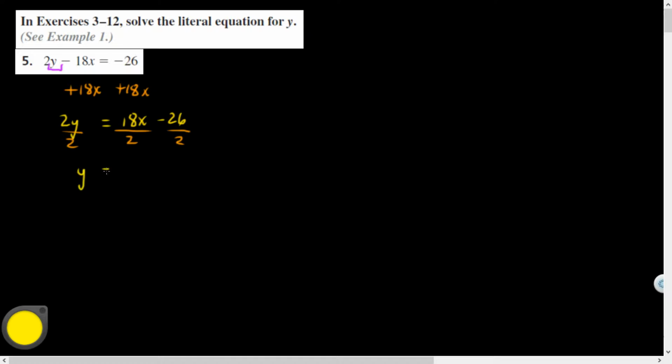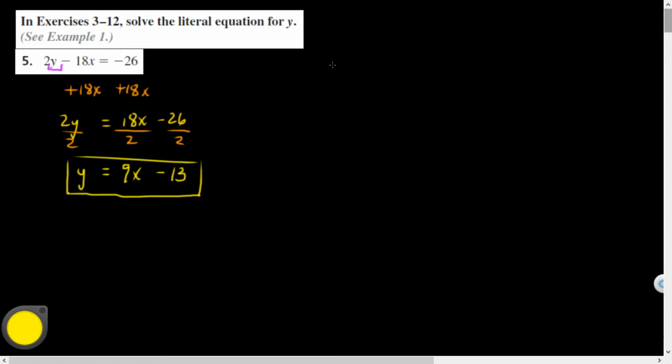I'll have y equals 18 divided by 2 is 9, still with the x, and 26 divided by 2 is 13, still with that minus sign. So here is that equation solved for y, and that was the idea: solve it for one of its variables, and you just treat all other variables as though they were numbers, not variables.